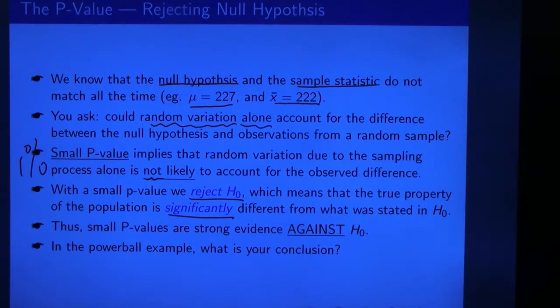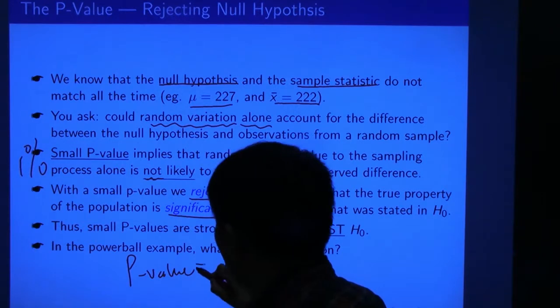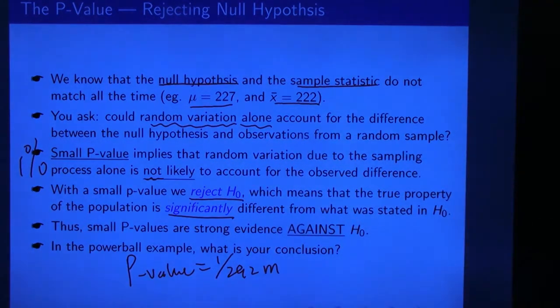So in the Powerball example, what is your conclusion? We said the p-value equals 1 out of 292 something million. I believe this is very small, much smaller than 1%. So we know the p-value is small. What is your conclusion?